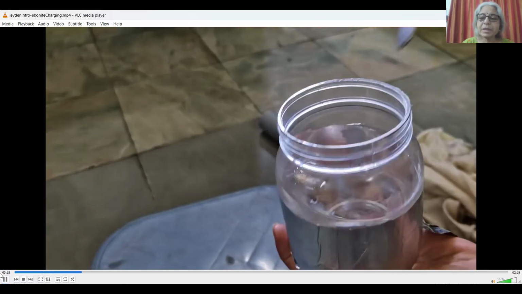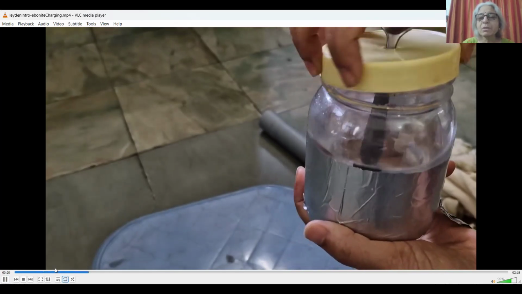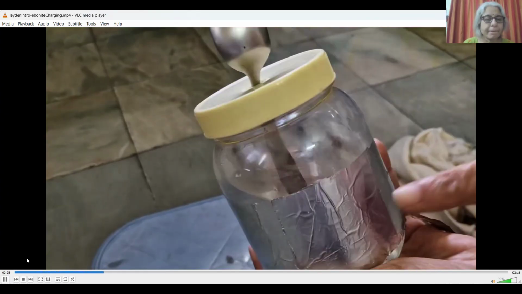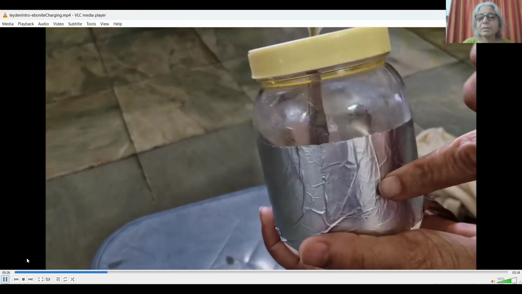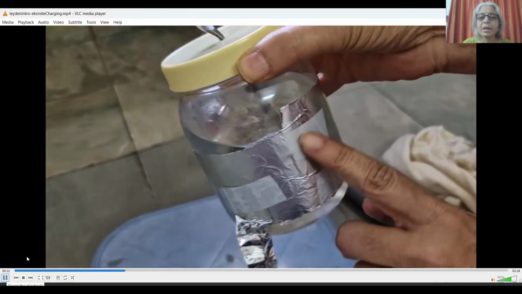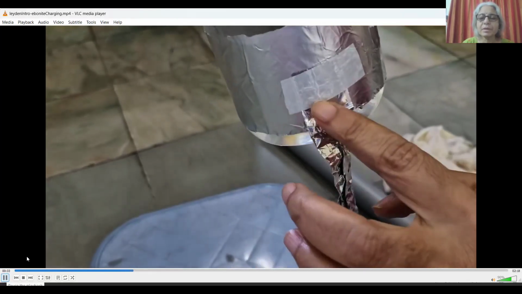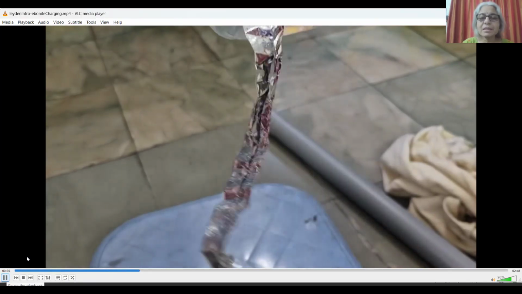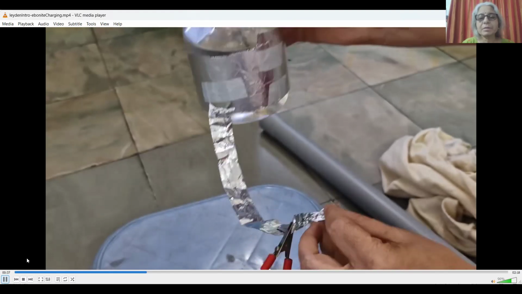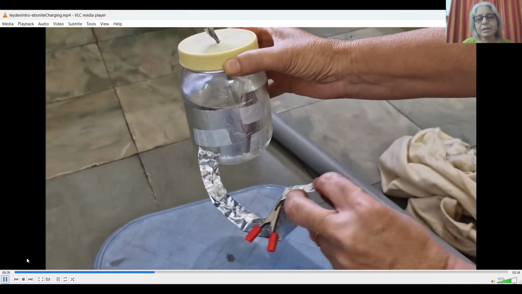Aluminum foil has been wrapped very tightly all around the lower outer surface of the bottle, and there is this tail which has been attached to the outer surface of the foil. It's made of foil, which is a conducting material, right?